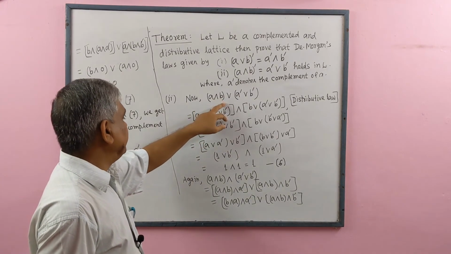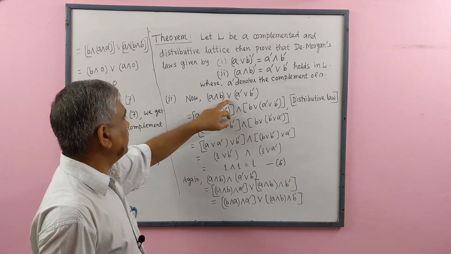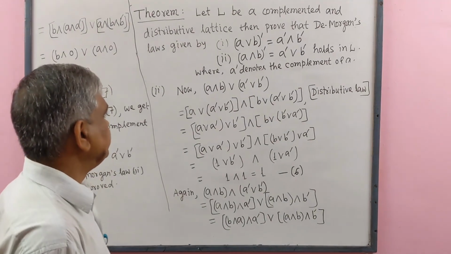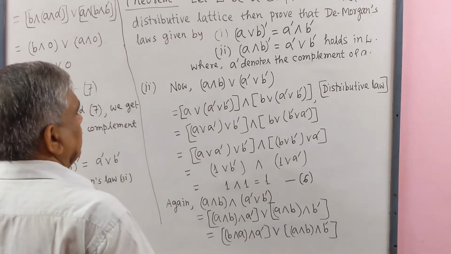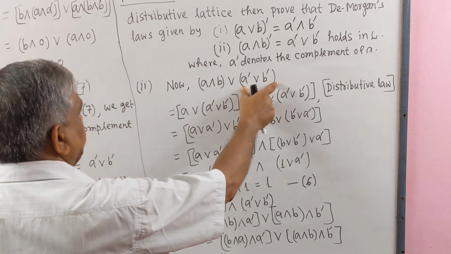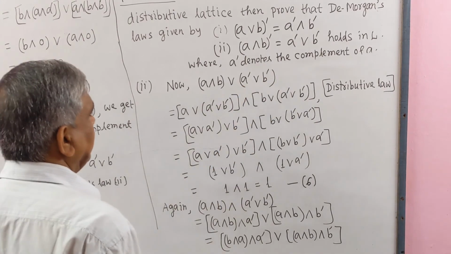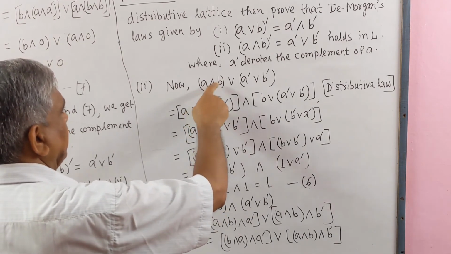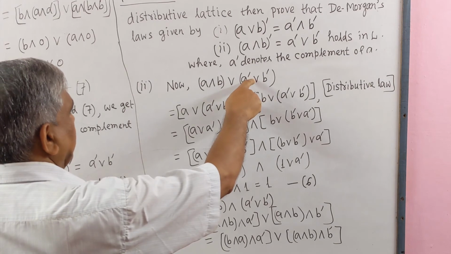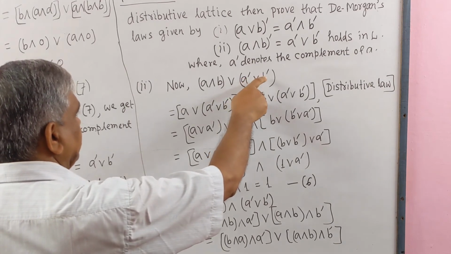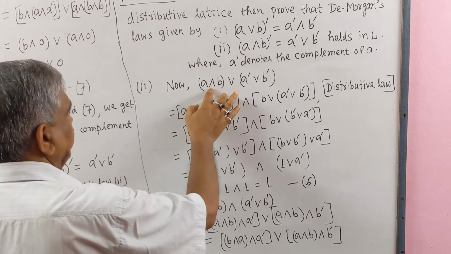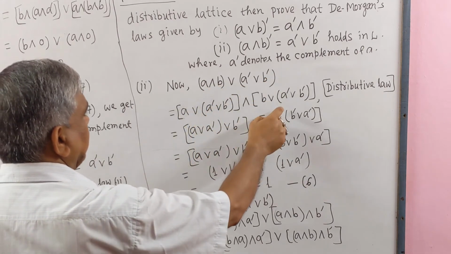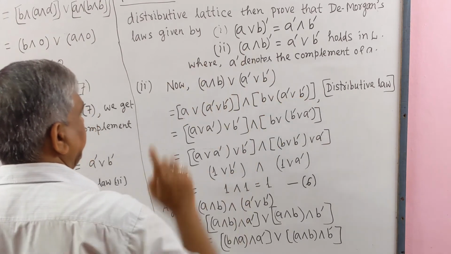A meet B join (A prime join B prime) equals. Now we consider this part as 1 unit and we apply the distributive law. So we get A join (A prime join B prime) meet B join (A prime join B prime).